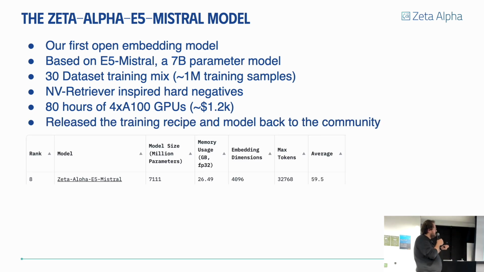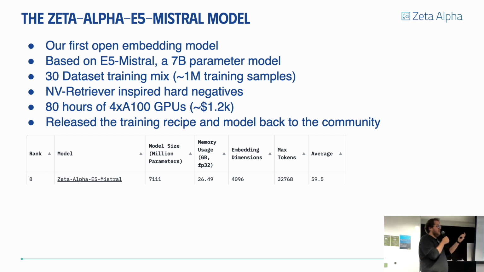The training recipe and the model are public. This is the MTEB leaderboard. Does anyone know what the MTEB leaderboard is? Okay, more than I thought. The MTEB leaderboard is a leaderboard of embedding models on multiple tasks. Anyone can submit their model and evaluate on a bunch of different tasks and datasets.